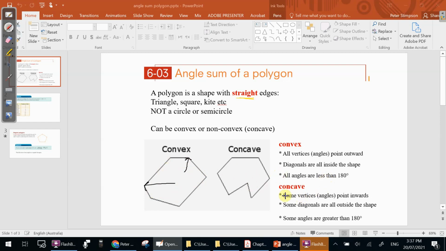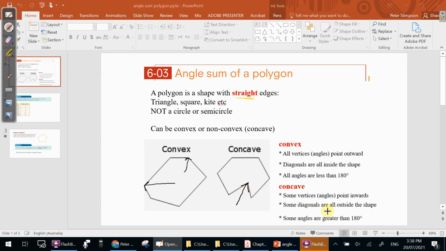Concave one, which is some vertices only need to have one, but some of them are angles point inwards, like this one. So if you make an arrow using the angle, the arrow is pointing towards inside the shape, so that makes it concave. All these other angles are pointing outwards, but that one's pointing in. That's all you need, just one.